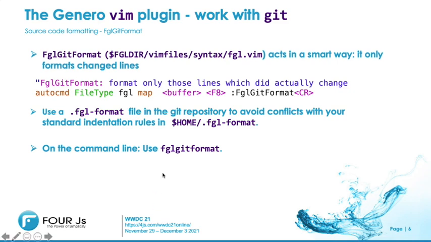On the command line, there's the FGL Git format tool. You could use this tool, for example, in Makefiles to add a certain rule to do that. But in Vim, you have this FGL Git format function.